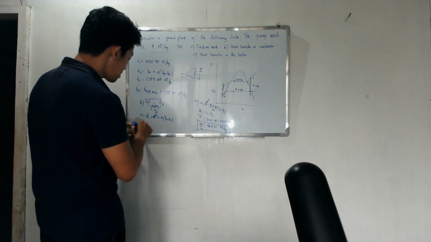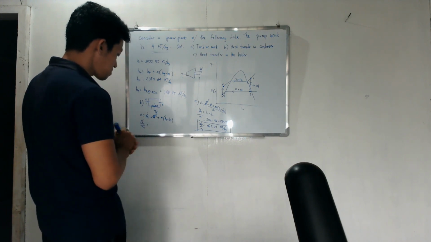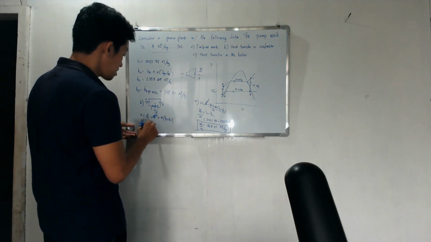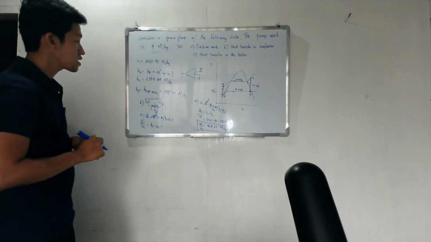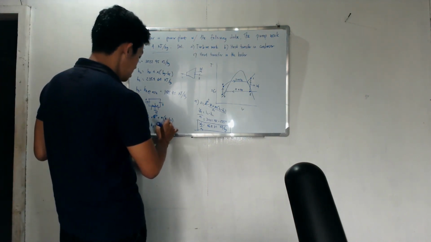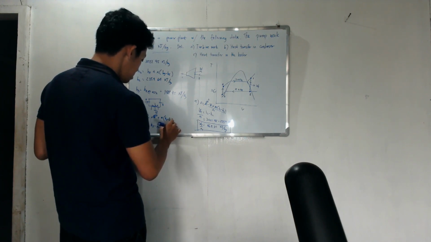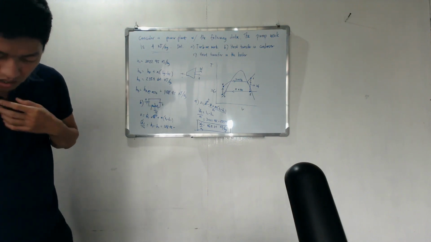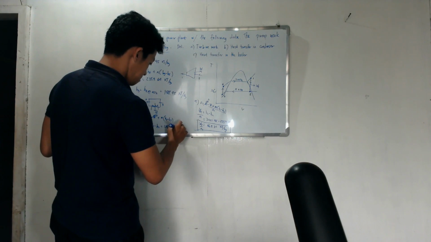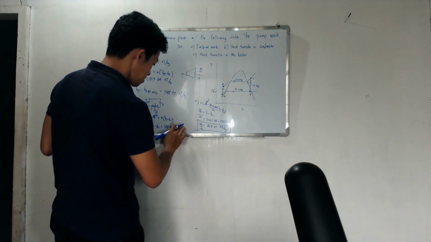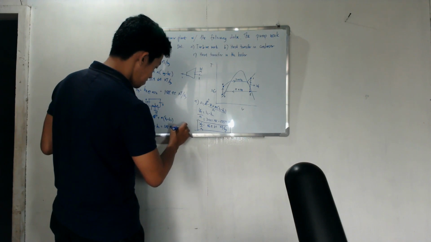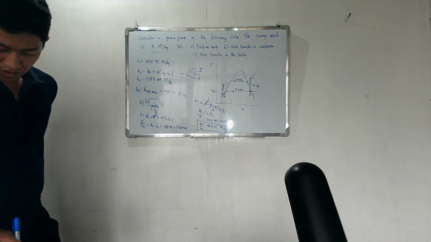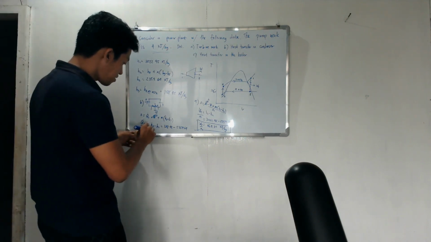Therefore, QC over M is H3 minus H2. Ilang H3? 188.45 minus 2359.64.